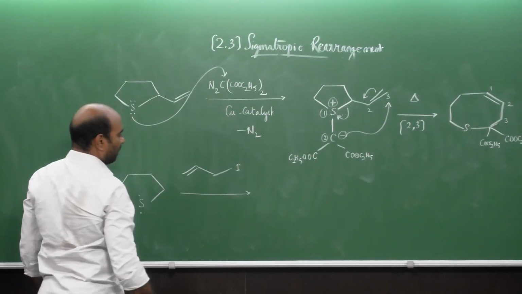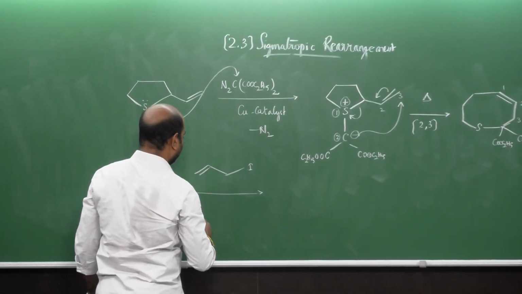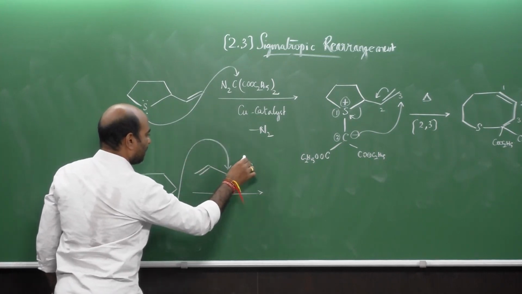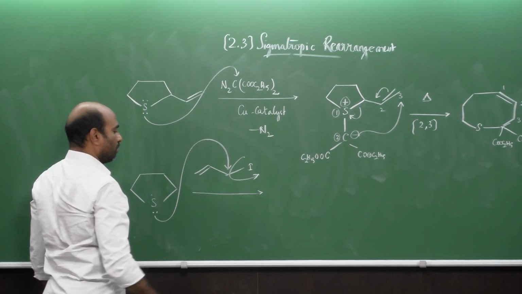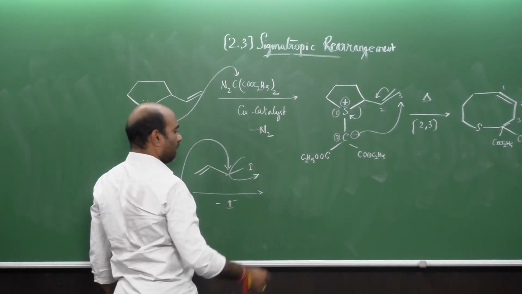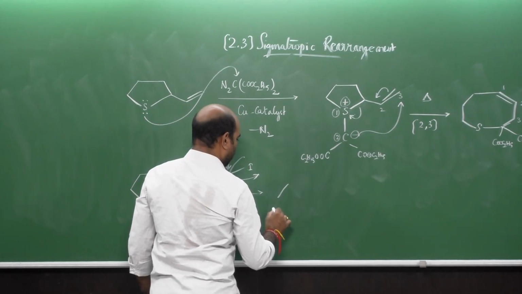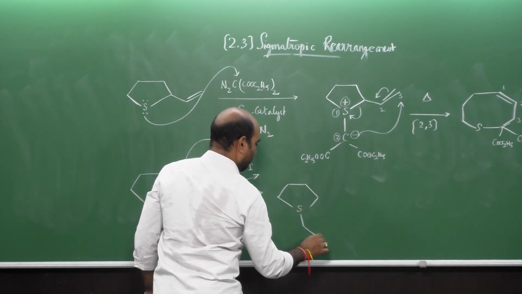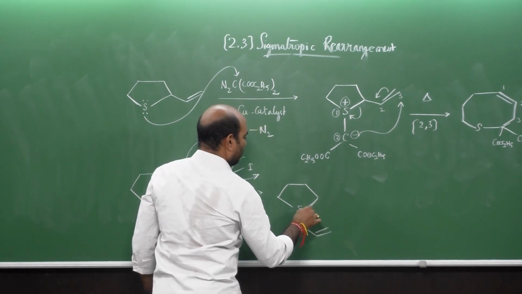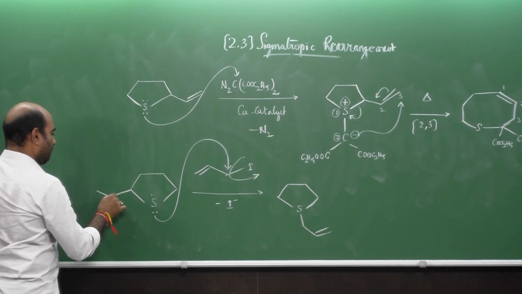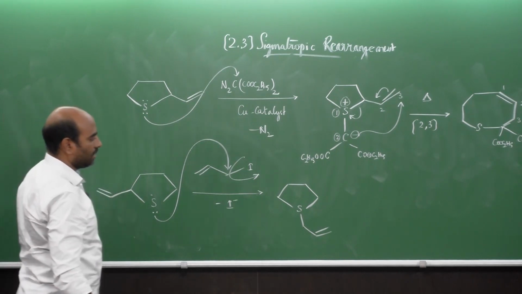if we use allyl iodide in the presence of a catalyst, now what happens is this attacks here and iodine moves out, I minus. So this is what you will be able to see. This is there already.